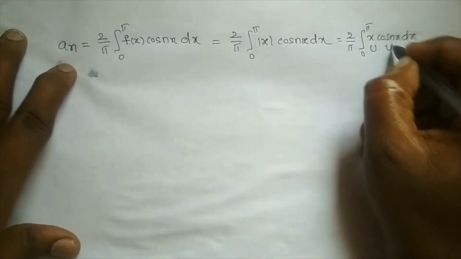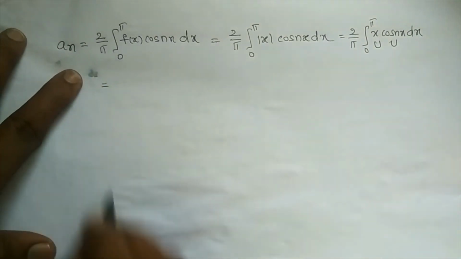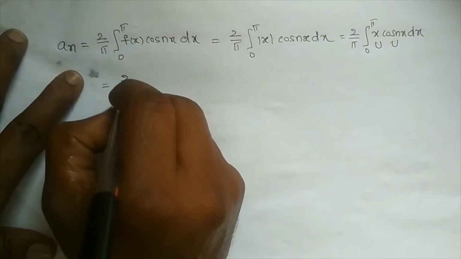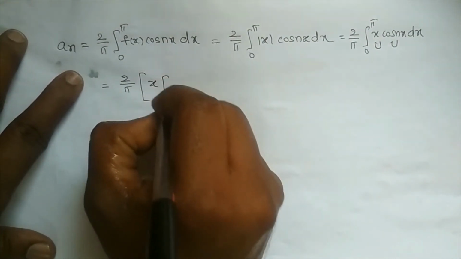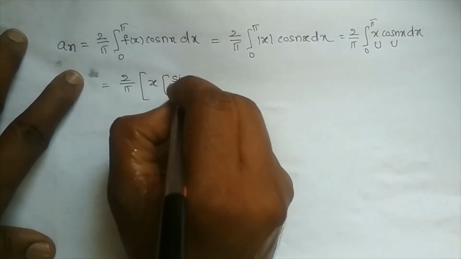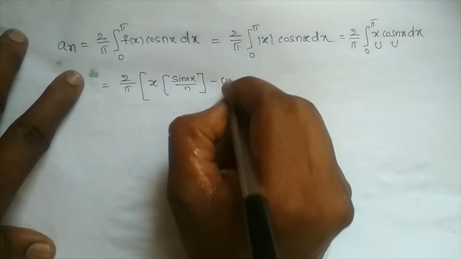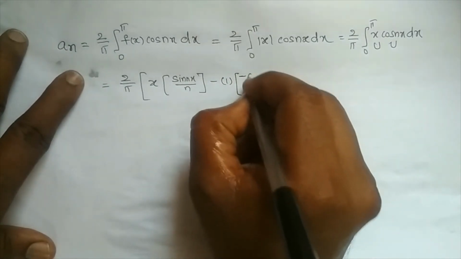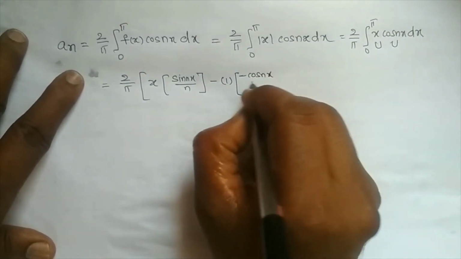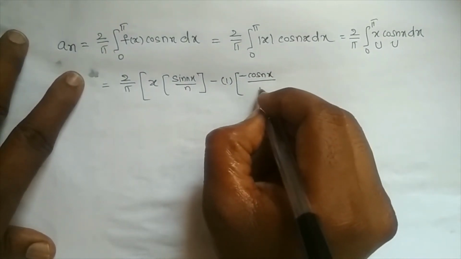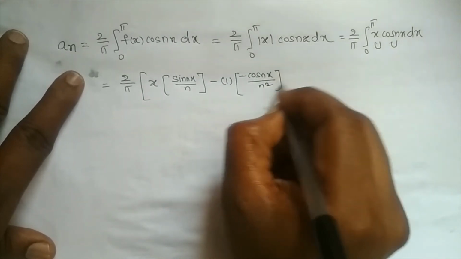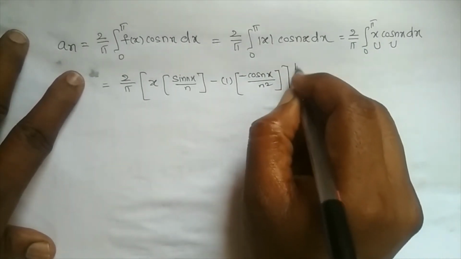Apply Bernoulli's rule, which is equal to 2 by pi into x into the integration of cos nx, sin nx by n, minus the differentiation of x, which is 1, into the integration, which is minus cos nx by n square. Again n comes, n is already there, from 0 to pi.